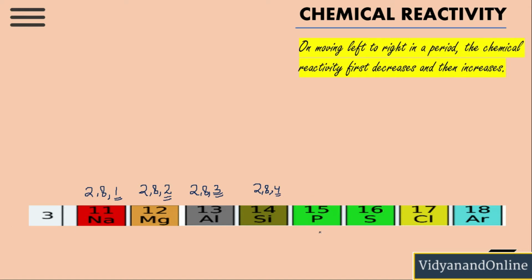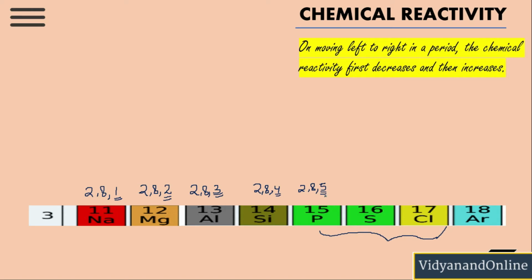Now phosphorus, sulfur, chlorine, they are actually non-metals and they gain electrons in order to become stable. Here phosphorus has to take 3 electrons in order to become stable, and taking 3 electrons is actually a big task.